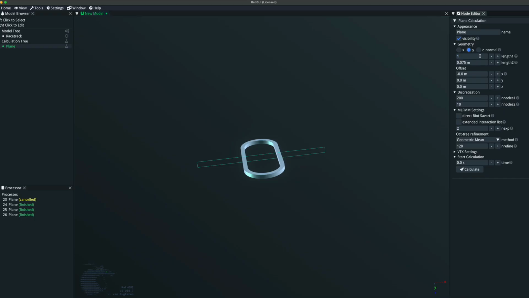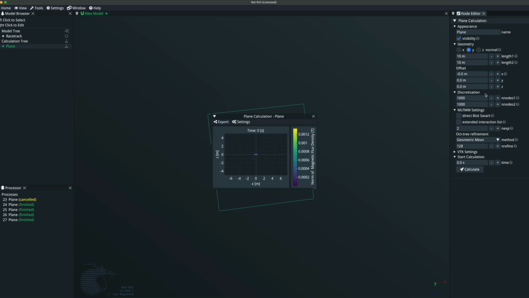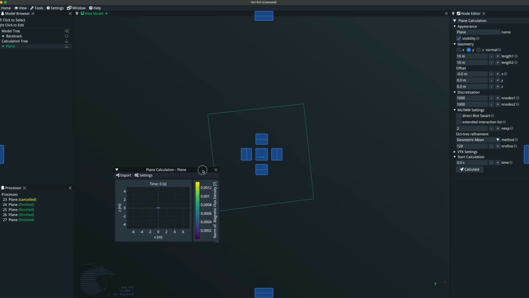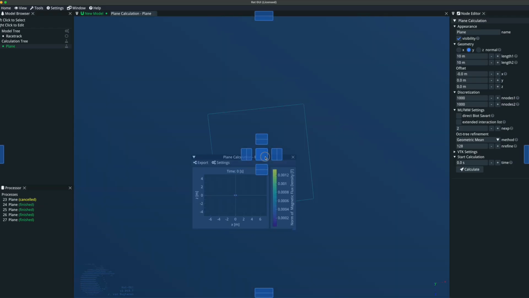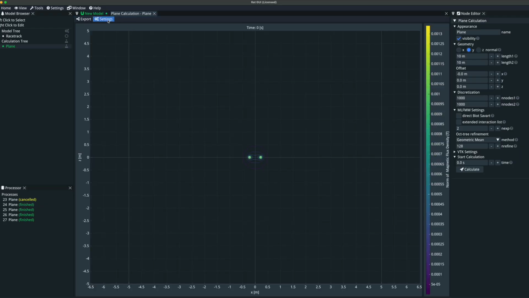And then I make a rather large box. So for the plane calculation, I do a 10-meter plane calculation with 1,000 times 1,000 elements. So target points, basically, because this is the discretization of your plane. So this plane will be divided into 1 million little boxes, 1,000 in this direction, 1,000 in that direction. And so the result is as follows.